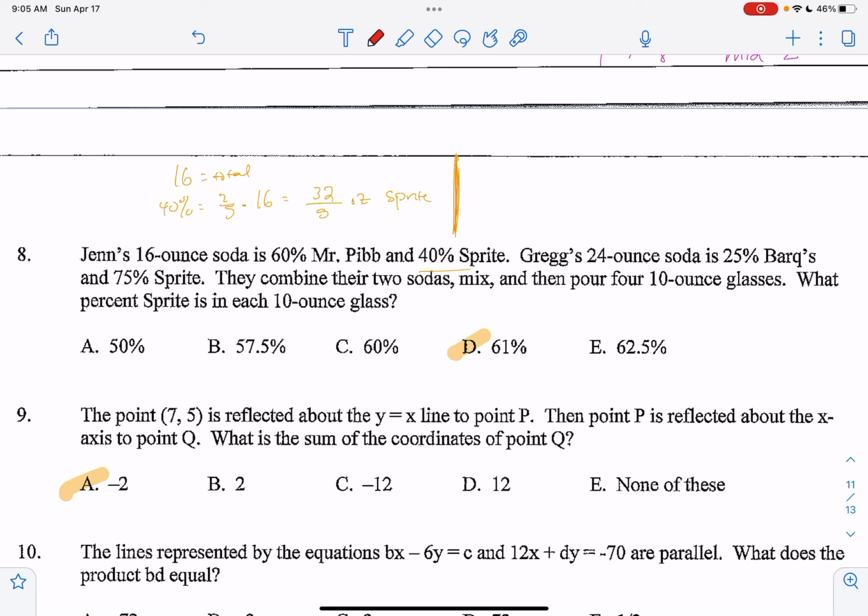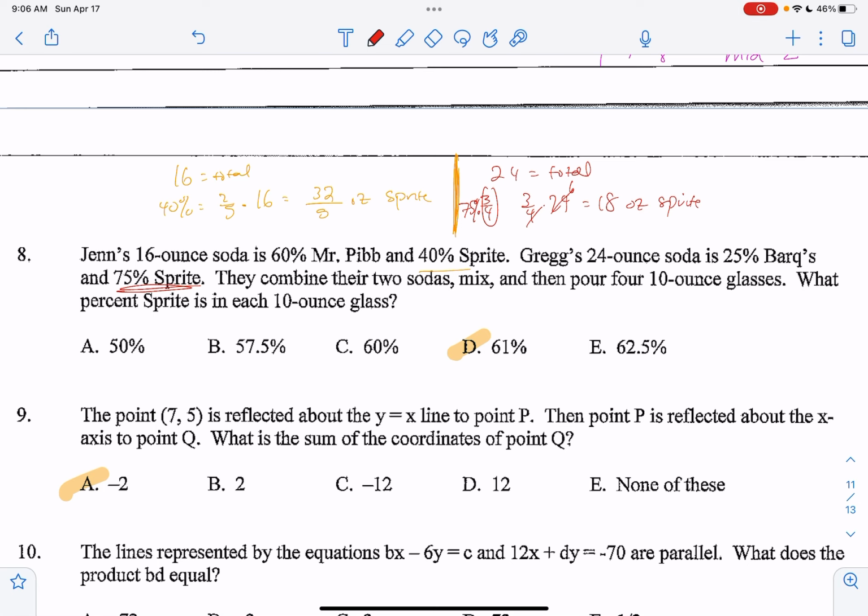And then for Greg, you have 24 ounces, that's the total, and his is 75% Sprite, so it's 3/4. And 3/4 of 24 is 3 times 6, or 18 ounces of Sprite.